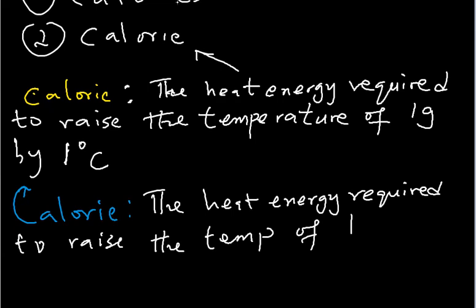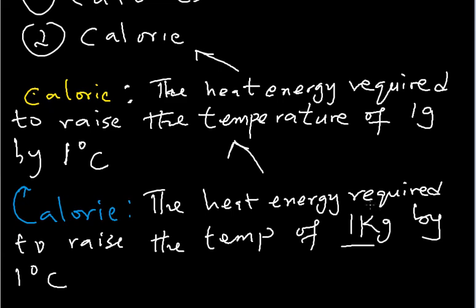So the difference is just that this one is gram and the second is 1 kilogram. The difference between the small letter and the capital letter is just 1 kilogram.